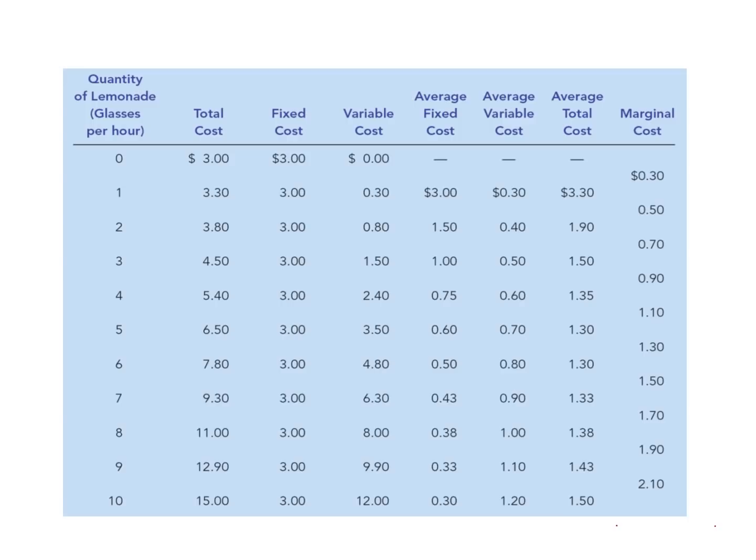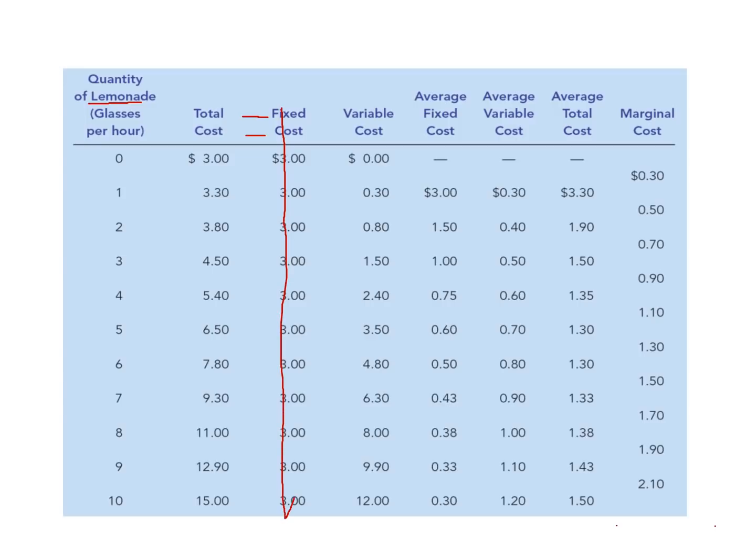Here we can see an example of production of lemonade. Each column represents a different one of the definitions of cost that we've previously discussed. What you can notice about the fixed costs is that they do not change no matter how many glasses of lemonade are produced per hour.